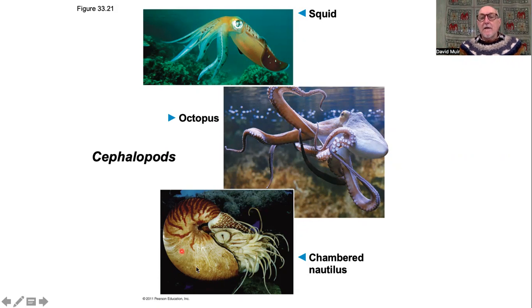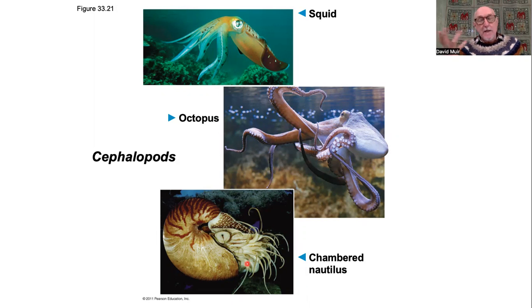This is a chambered nautilus, the only living remnant of this huge group of shelled cephalopods called the Nautilus and Ammonites, which remained dominant in marine systems for hundreds of millions of years until around 66 million years ago, when most of them went extinct, except for this one remnant group who live in deep waters.